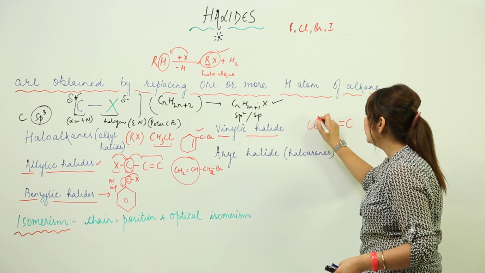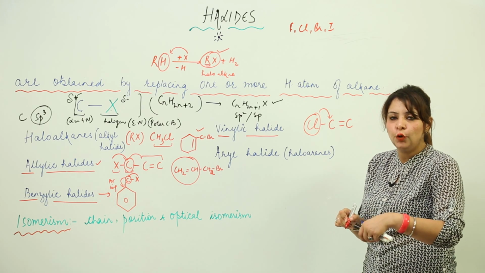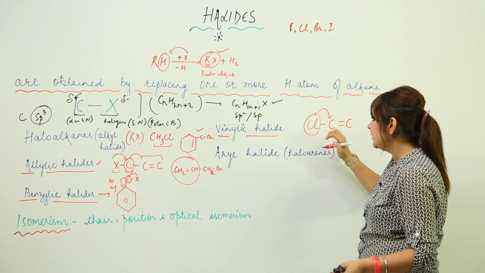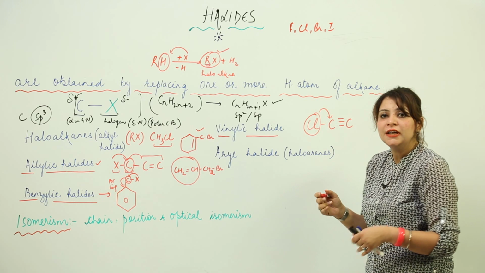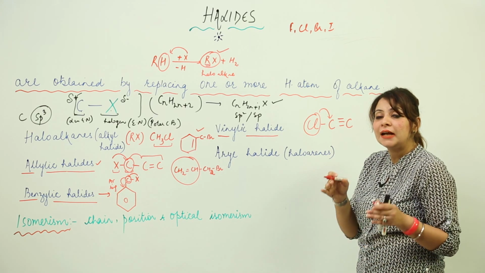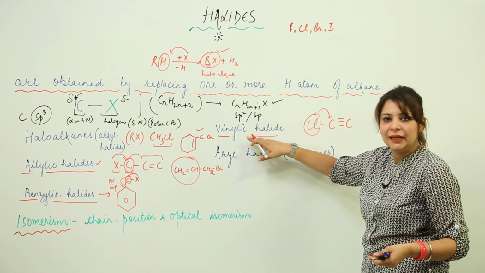But here the halogen is attached to a carbon which is involved in the double or triple bond. That means it is involved in the unsaturated system. So this is sp2 hybridized here. It can be sp also, because when it is a triple bond, it will be sp hybridized. So whether it is a double bond or triple bond, if the carbon is involved in an unsaturated system, then it is called a vinylic halide.